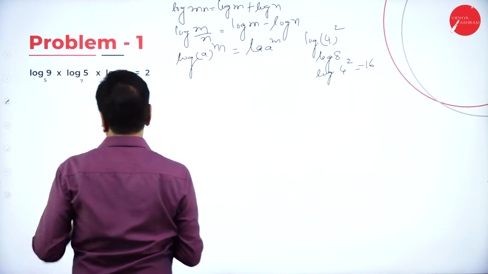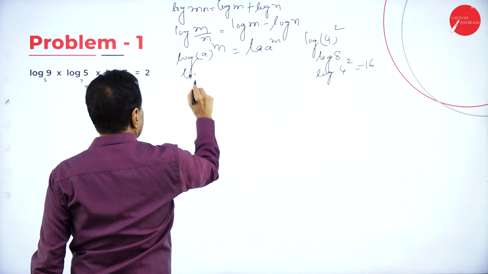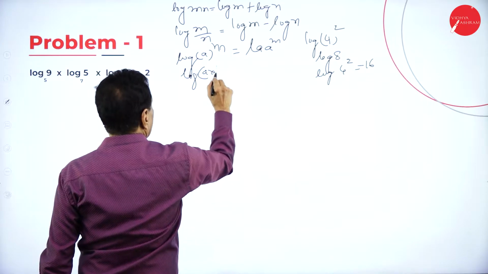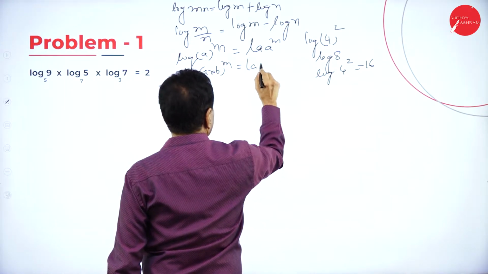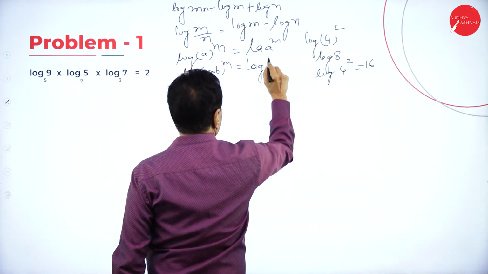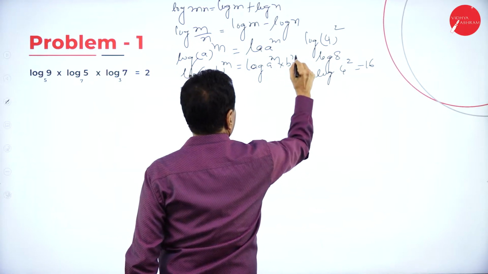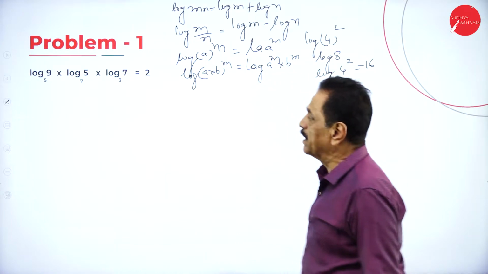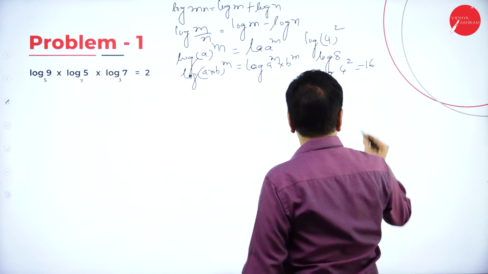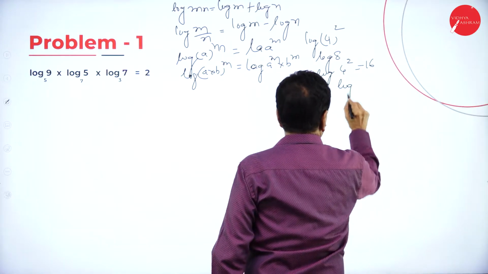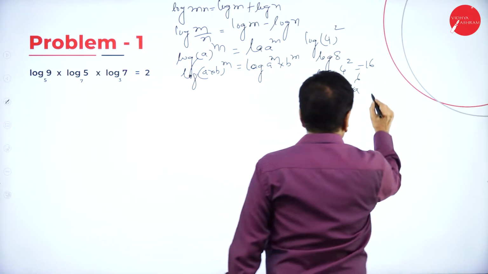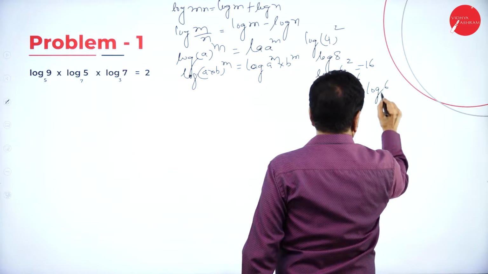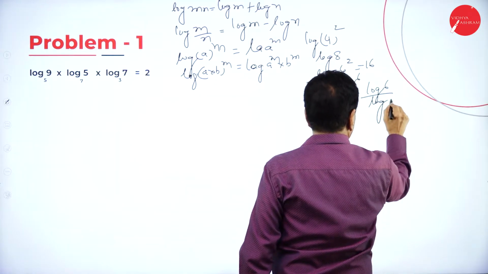Log a b to the power of m is log a to the power of m, b to the power of m. Change of base: you can write log b to the base a as log b divided by log a.